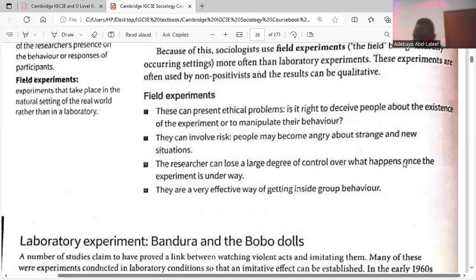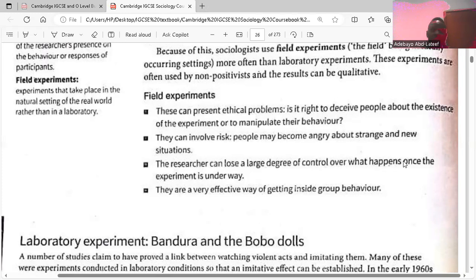Is it clear? Yes. The third one: researchers can lose a degree of control as soon as the event starts. It's a field event, a field research. You might not be able to hold the grip of what happens anymore. Everybody is moving. You need to get information, but how long are you going to be able to catch up with everybody? Before you have started making your records, it might be easy.